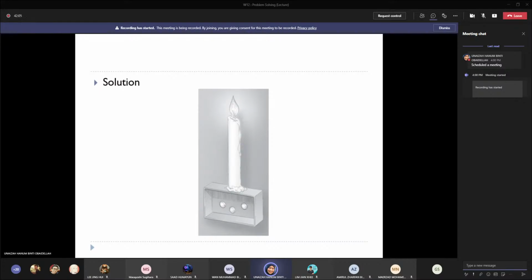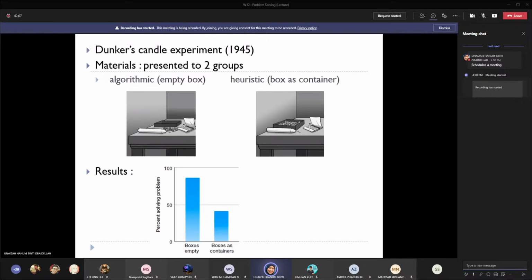Okay, so this is one of the solutions that we can do. And this is actually repeated in different versions of experiments, and one of them is to see how well people can solve the problems depending on what is given to the participant. In this kind of experiment conducted by Duncker, participants were shown two representations of the items. One is what they call algorithmic, where you provide an empty box to them.